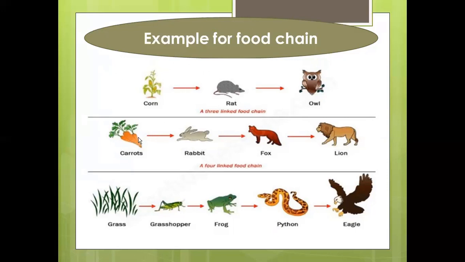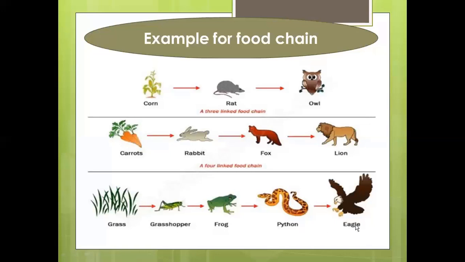And another example is carrots, rabbit, fox, lion. Another example illustrating the energy flow from the plant to animals. And the last example illustrates grass, grasshopper, frog, python, and also eagle.